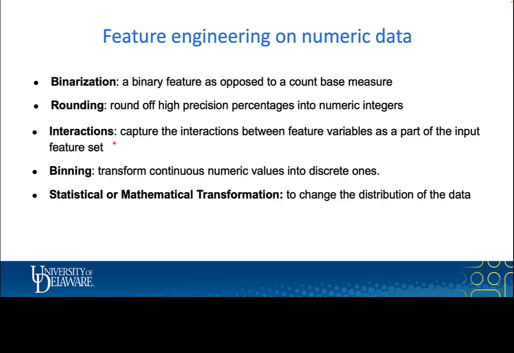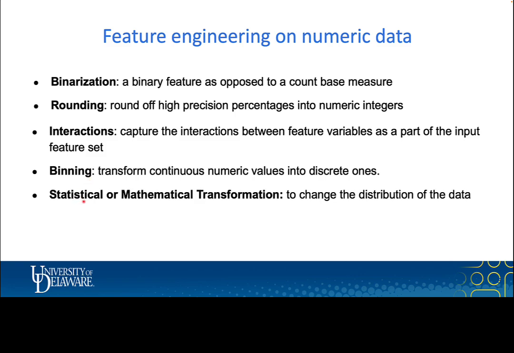We can also bring together features that we know have some type of interactions, and in this case, use that as part of the input feature set. This is called interaction. In other cases, we may need continuous numerical features to be discrete, and in this case we could apply binning.